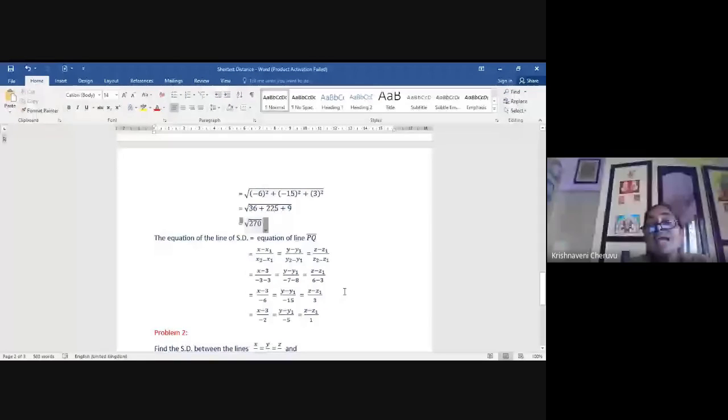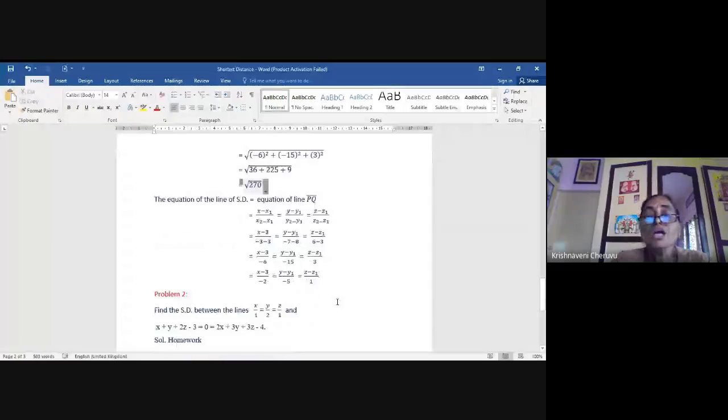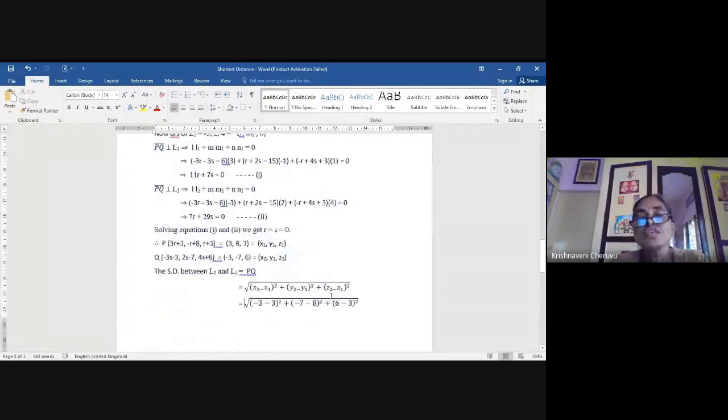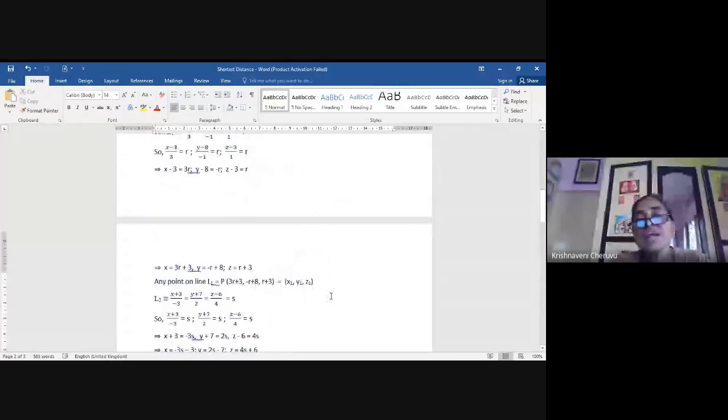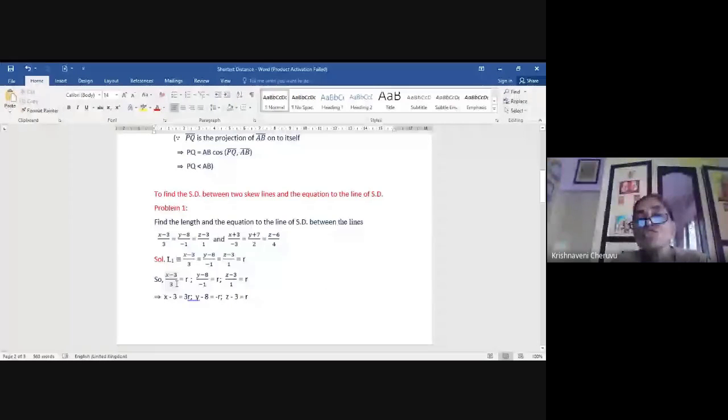Once you draw the figure, girls, you will know what to do and how to proceed. So this is how you can find out the shortest distance between the two lines which are in the symmetric form, and also how to find out the equation of the line of shortest distance. Remember, when both the lines are in symmetric form, this is the procedure.